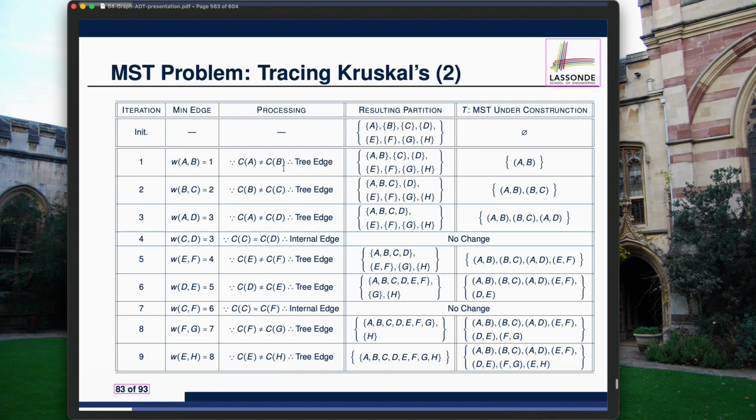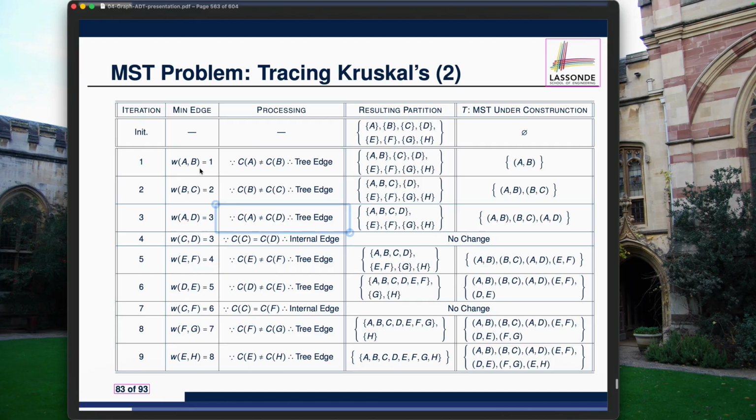Whenever we have an edge with the minimum weight extracted from the priority queue, it depends on whether the corresponding clusters for A and B are the same. If the clusters are not the same, we'll see later, this is called crossing the cut. That's what we will see a little later in this makeup lecture.